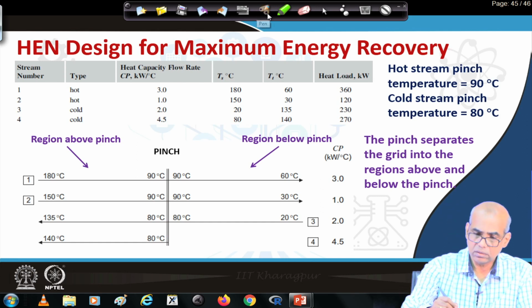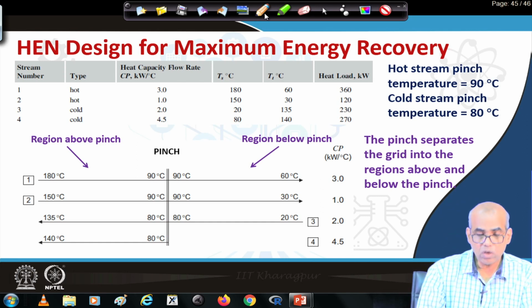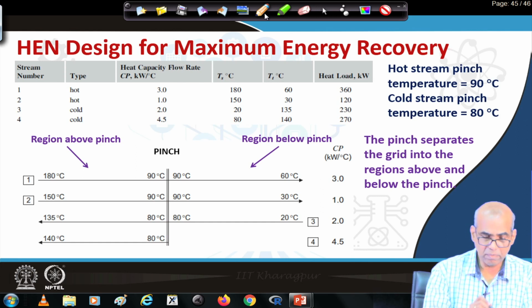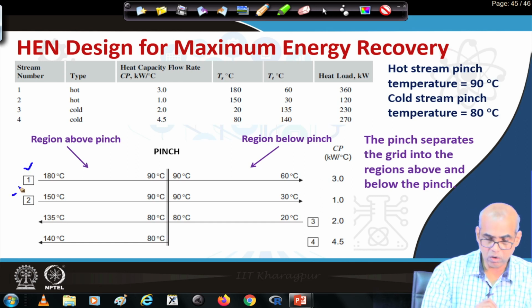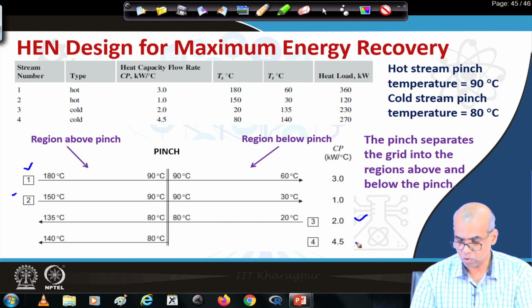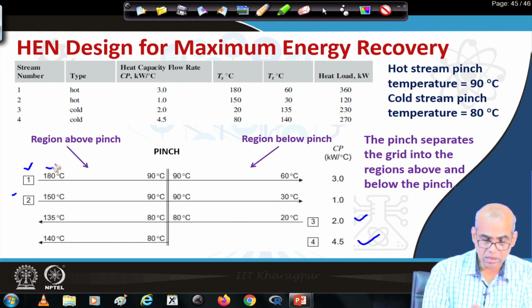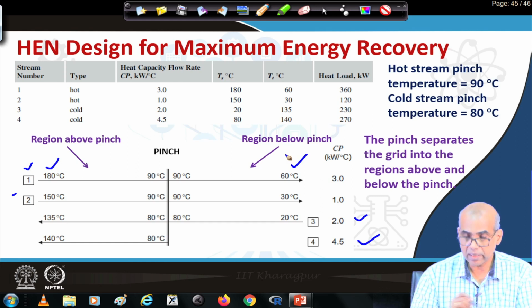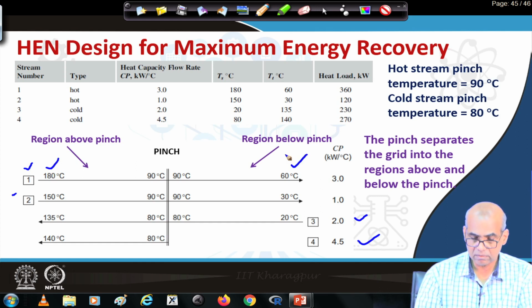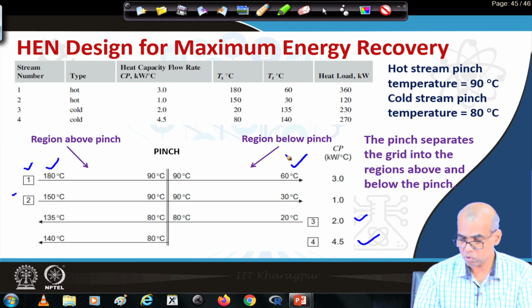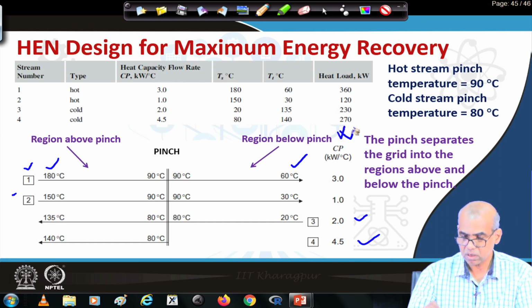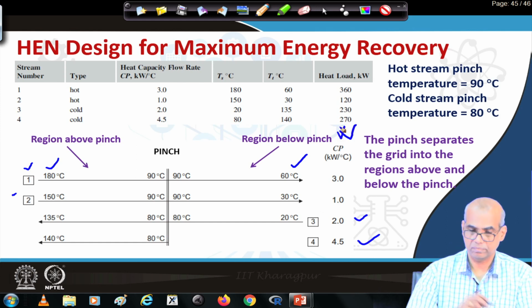Note, for all streams the numbers are given, 1 and 2 are hot streams, 3 and 4 are cold streams. For each stream the supply temperature and the target temperature are indicated, pinch temperature is of course indicated, the Cp values are also indicated.